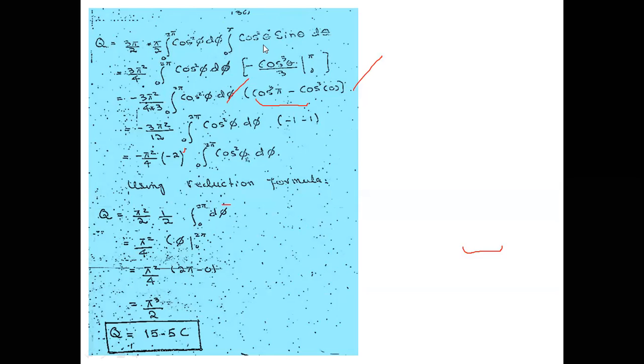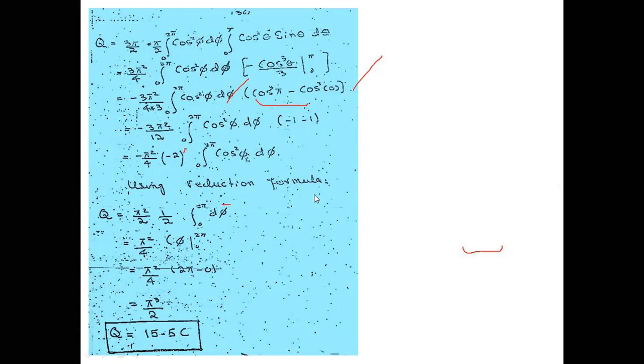First of all, we have to solve for theta. Again using the trigonometric formula, we will get this. Replacing the values of pi and 0, we will get minus 2, and we shift it outside the integration for simplification.